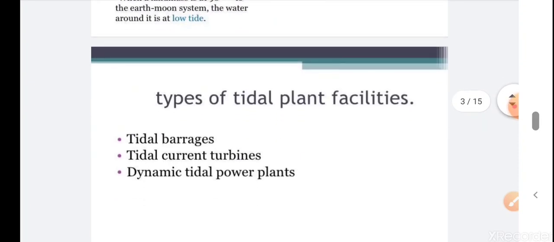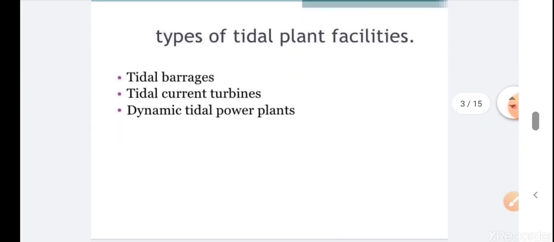Now we will discuss the types of tidal plant facilities. Basically, there are three kinds of tidal plants. One is tidal barrage, second is tidal current turbines, and the third is dynamic tidal power plants.